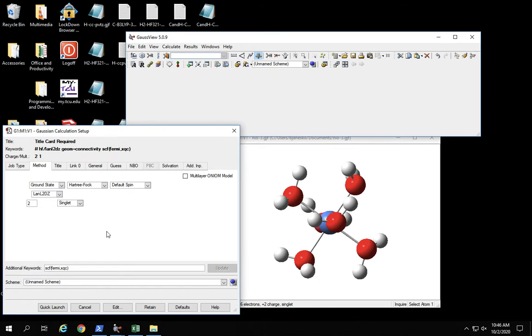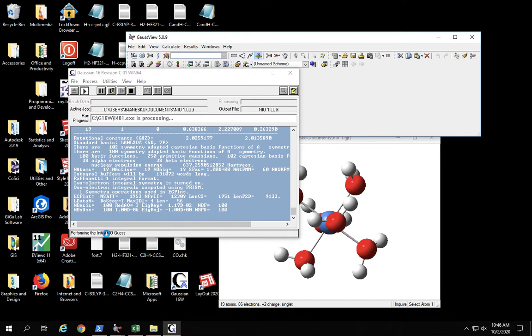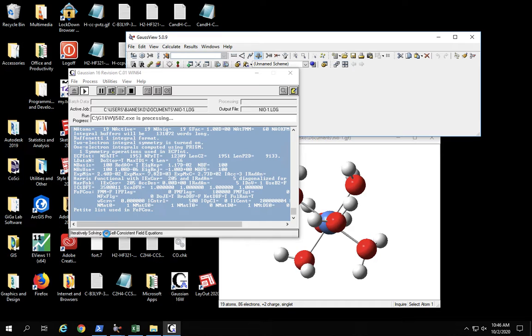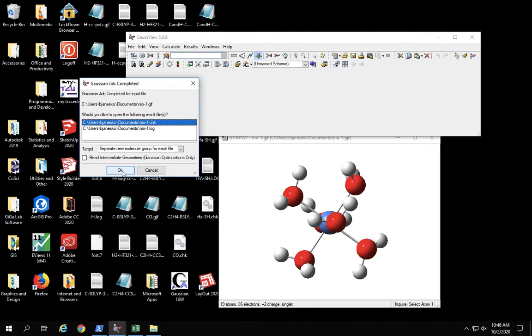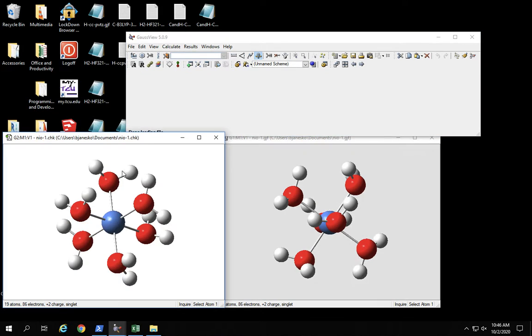So here my calculation starts running. Takes a little while. Okay. Now here there's not going to be any spin density because it's a closed shell system.